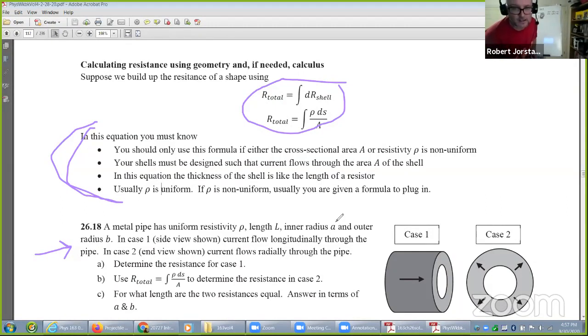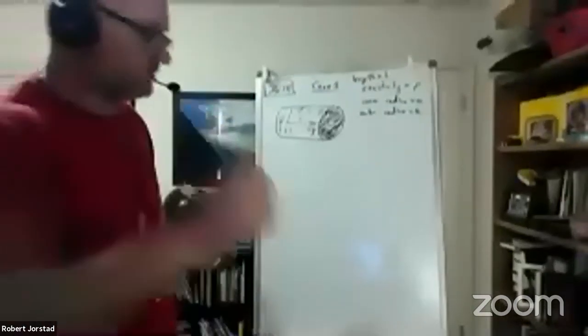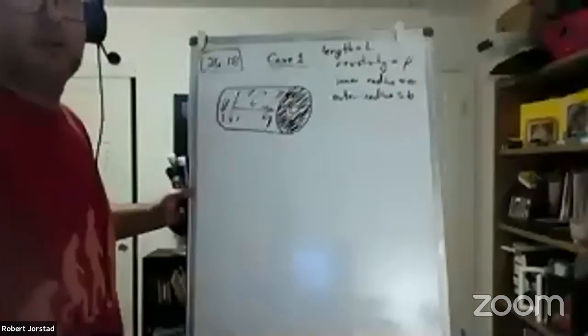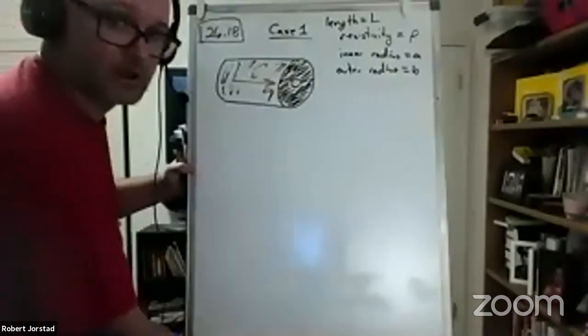Inner radius A, outer radius B, resistivity. So now we're back to this one has no numbers in it. So because this problem has no numbers in it, I'm assuming these are all knowns. So in this case, we're assuming that the length and resistivity, A and B are all given. Okay. So that's what I've got.